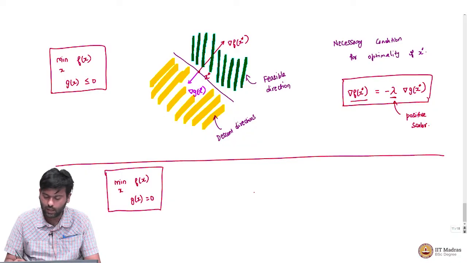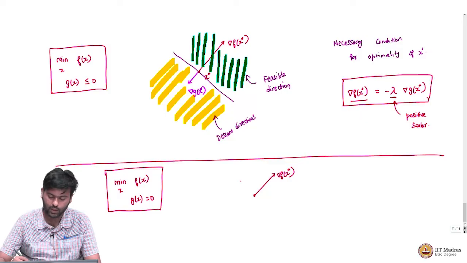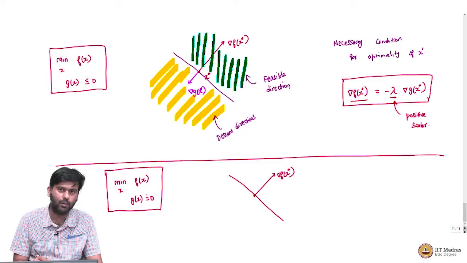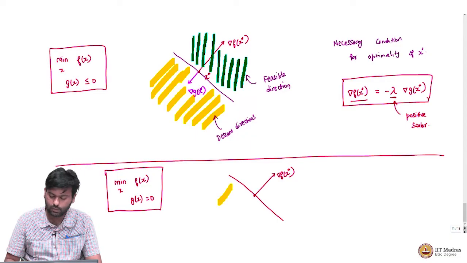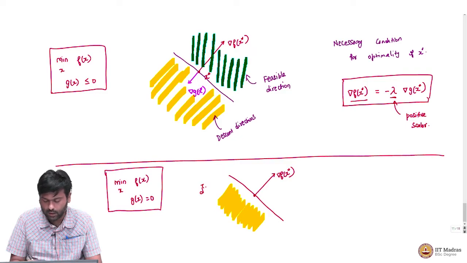So, you can again say that if let us say del f of x star was pointing in this particular direction, nothing changes with respect to f, because only the g has changed. So, the descent directions will still be here. These are the directions where you can descend, so d transpose del f of x star is less than 0, the descent directions.